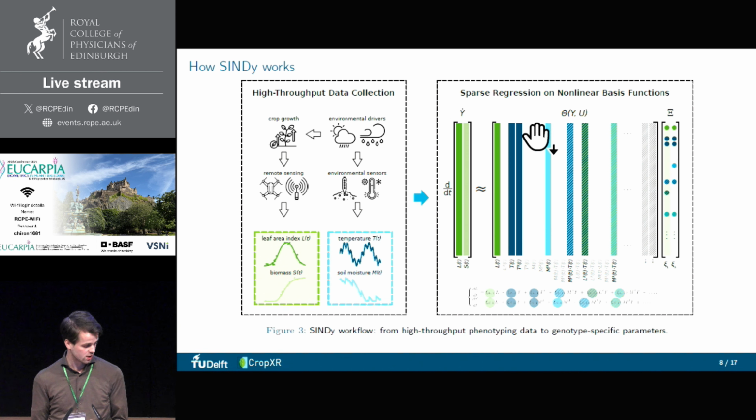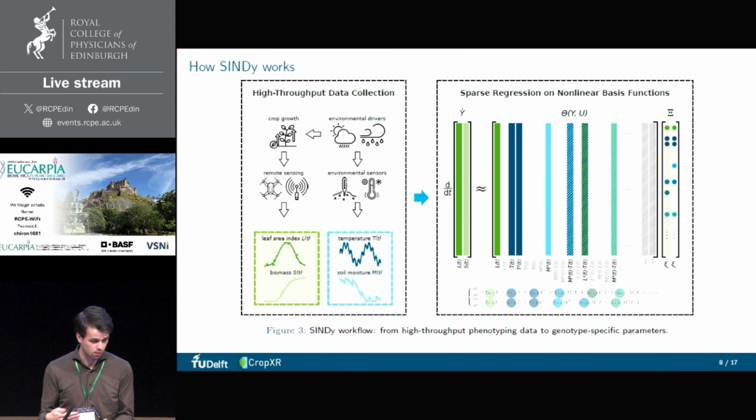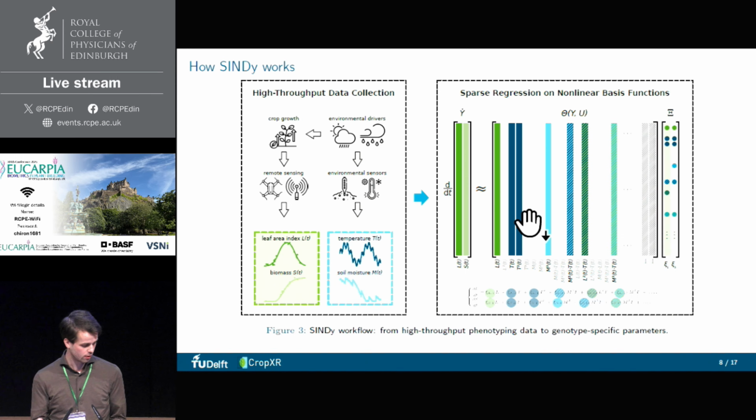And then in this matrix, theta, we put all the relevant trait relations that we think might exist. In the end, the SINDy approach selects the ones that are actually relevant for the current data set, which is shown by the highlighted columns here. The matrix C contains the coefficients, which explain how much they contribute to the growth in the season. And this can also be written as a system of differential equations, shown at the bottom.